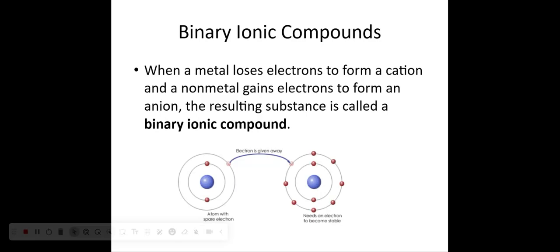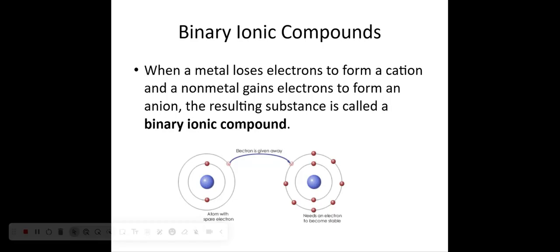In the picture, you can see you have an atom with a spare electron in its second orbital level, and you have an atom that needs an electron. So that atom with the spare electron, which happens to be lithium because it has 3 electrons, it gives it away, and it gives it away to an element that needs an electron to become stable.